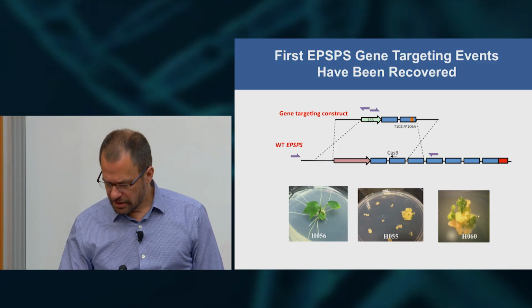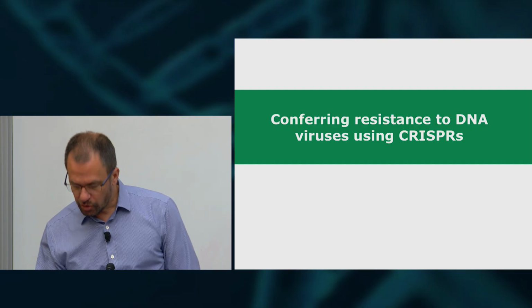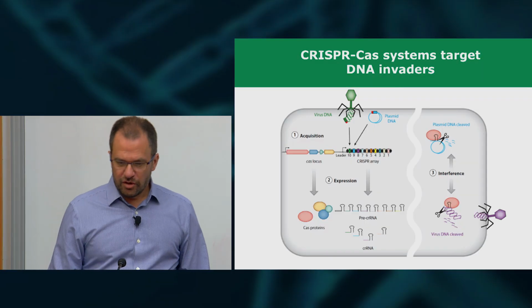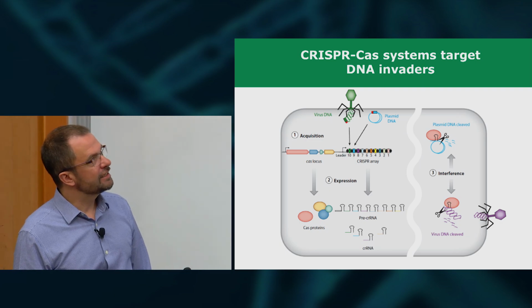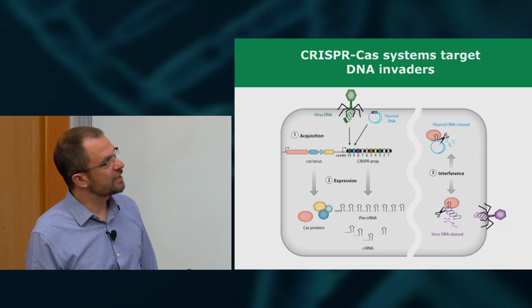Okay, in the last few minutes, I'm just going to tell another short story in which we're harnessing the CRISPR-Cas system as an antiviral agent, really. I mean, that's its natural purpose.